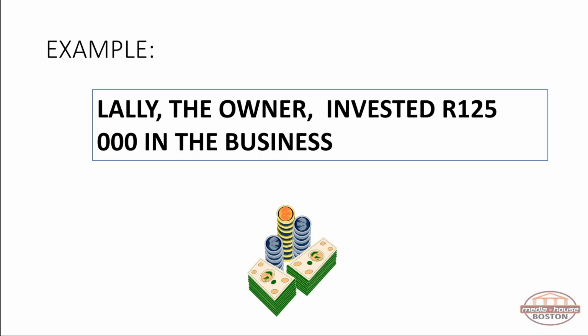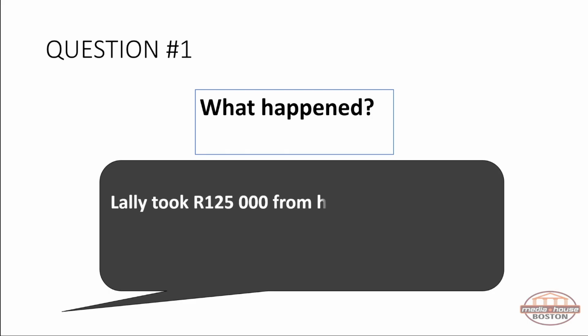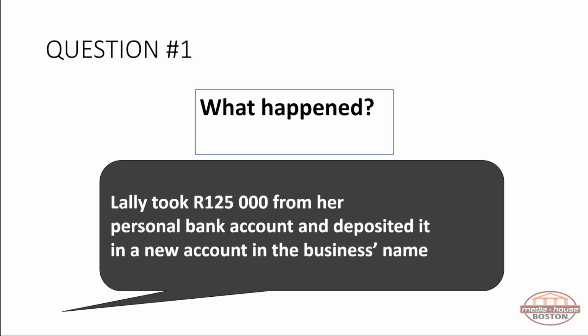Following the same steps and process I've just explained, we ask ourselves the following question: what happened? Here we understand that Lali took 125,000 from a personal bank account and deposited it into a new account in the business name.